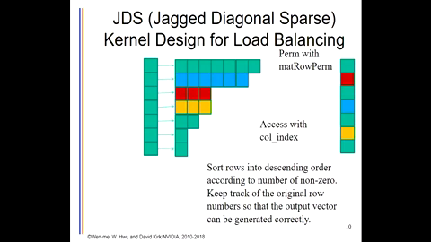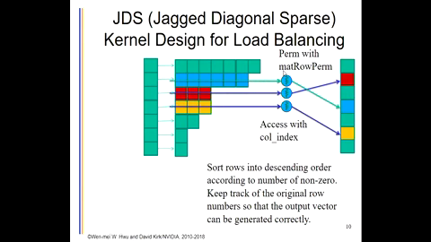When we resort these rows, we still need to make sure that the output element written by each thread is the original element that the thread should be using. So we keep track of that information with the permutation matrix. The permutation matrix will be used at the end of the inner product to write into the correct Y element.